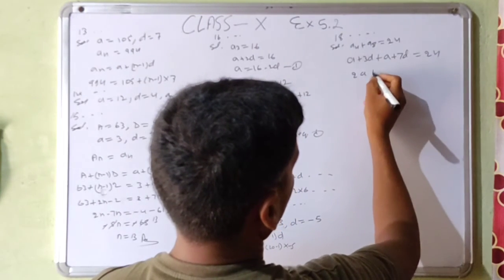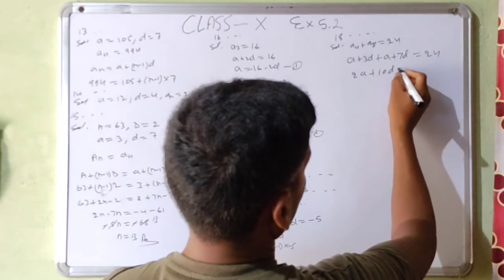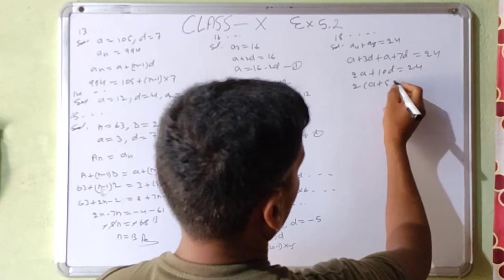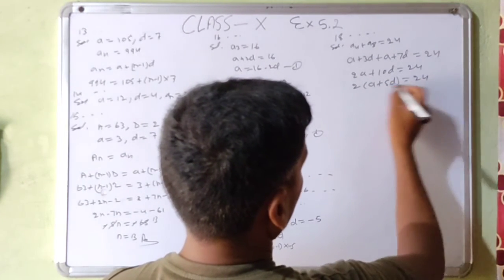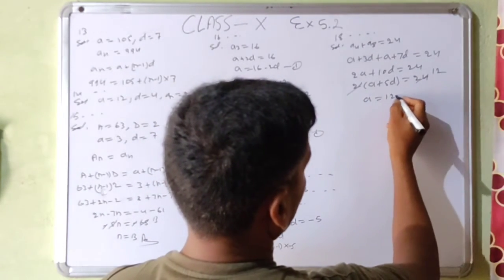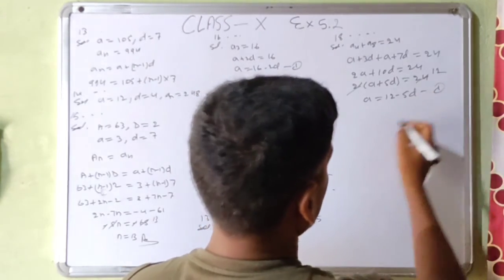So 2A plus 10D is equal to 24. 2 is common, so A plus 5D is equal to 12. So A is equal to 12 minus 5D. This is the first equation.